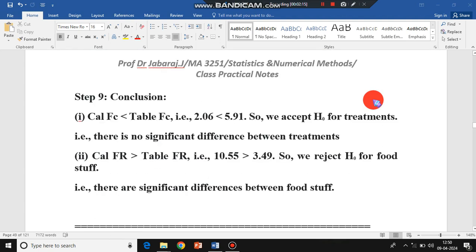Now next comes the comparison and the conclusion. Let us conclude whether we have to accept the null hypothesis or reject the null hypothesis.